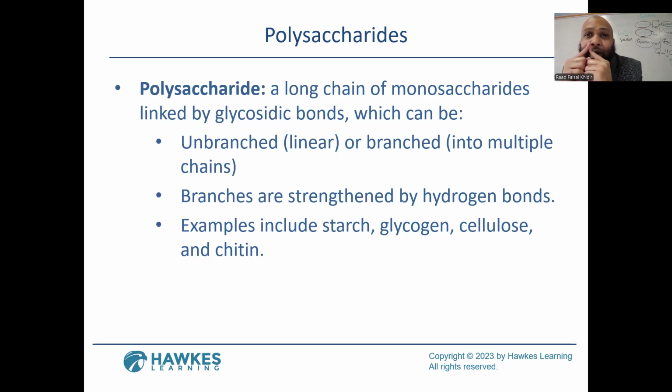So did you guys take biolab in biology a long time ago? Do you remember chitin? Chitin is found in the exoskeleton of the crustaceans, the crab and the shrimp.